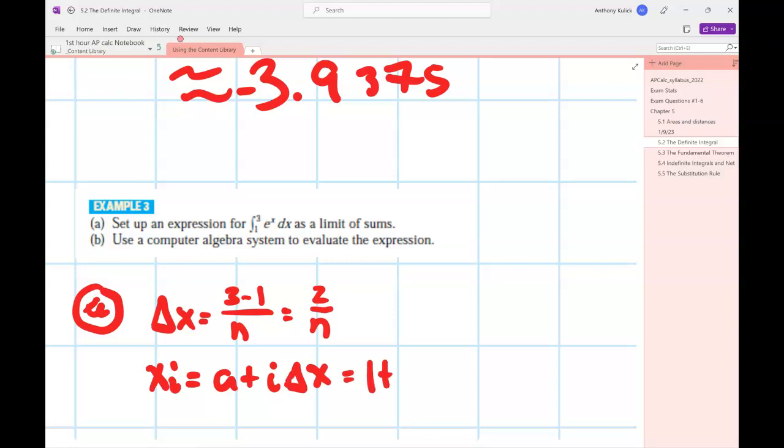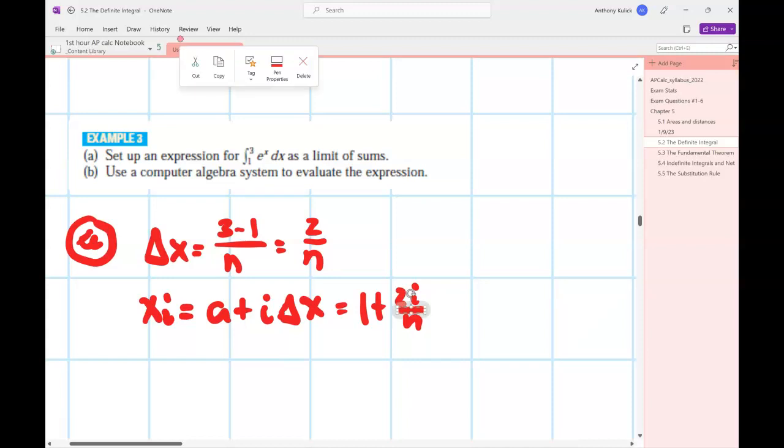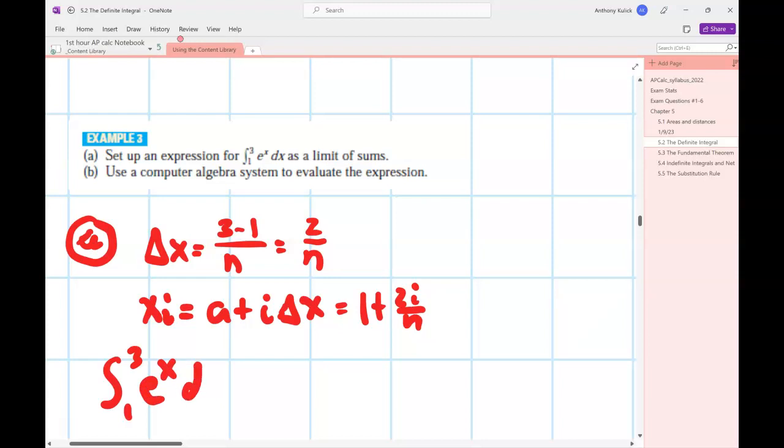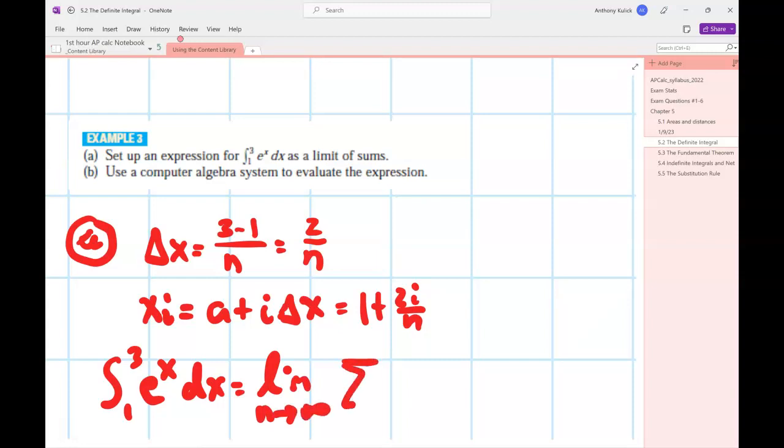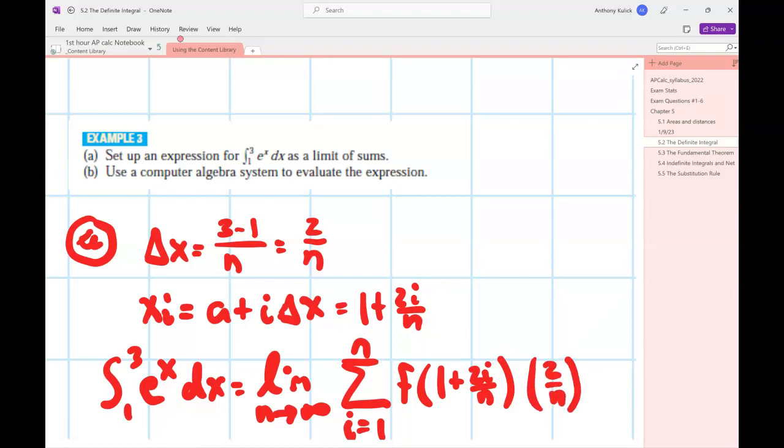So that's going to be 1 plus 2I over n. And so if we do our limit, or our integral, I should say, instead of xi, I'm going to write my expression for xi, and instead of delta x, I'm going to write my expression for delta x.